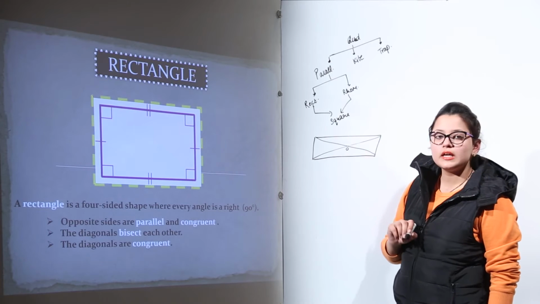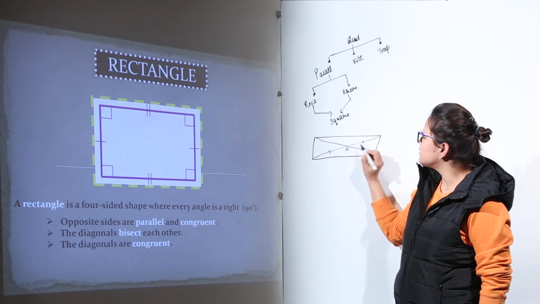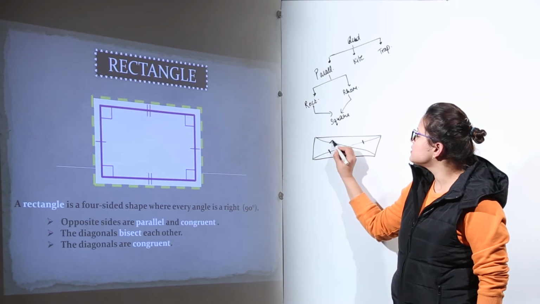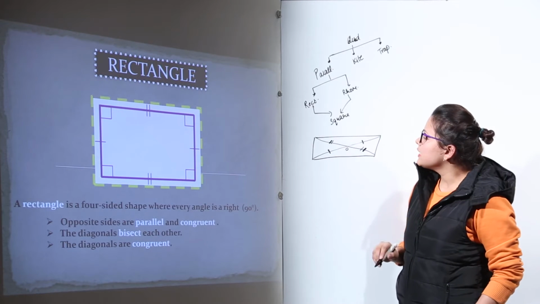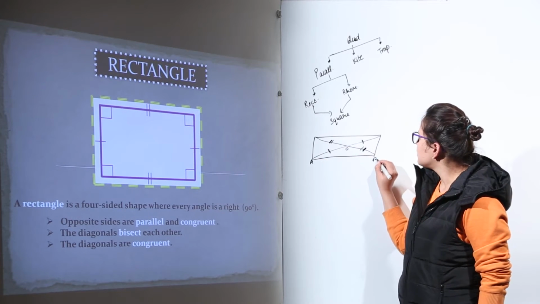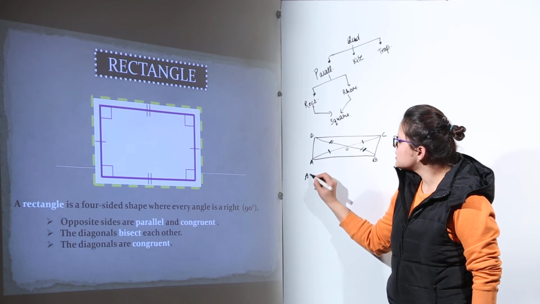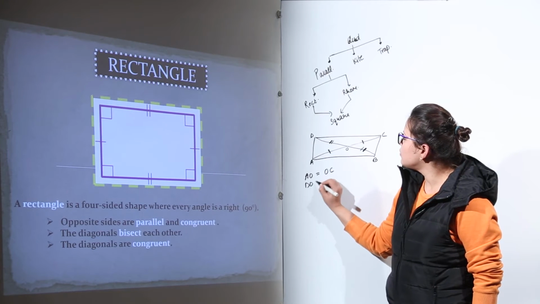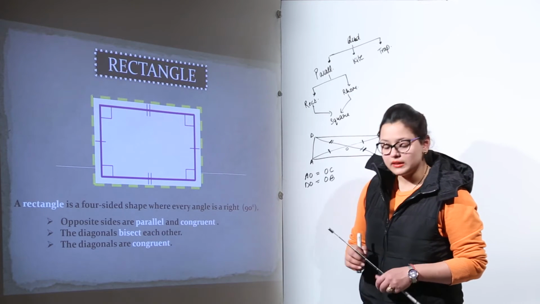If I say they are intersecting at point O, this line will be equal to this line and this much will be equal to this much. In terms of the vertices, we would say distance OA will be equal to OC and DO will be equal to OB. Now these were the properties of a rectangle.